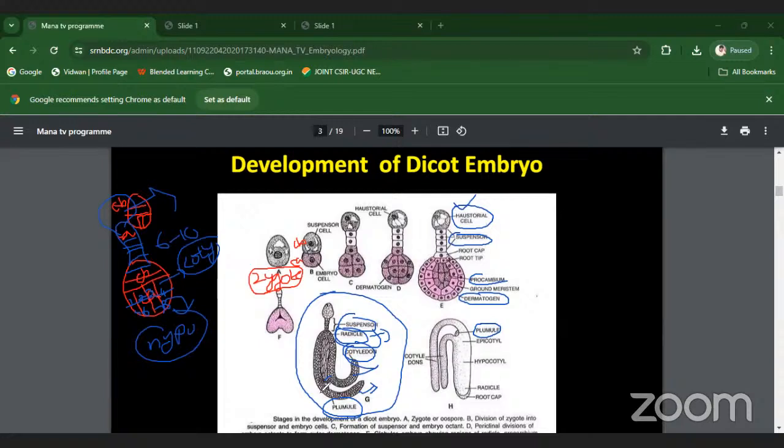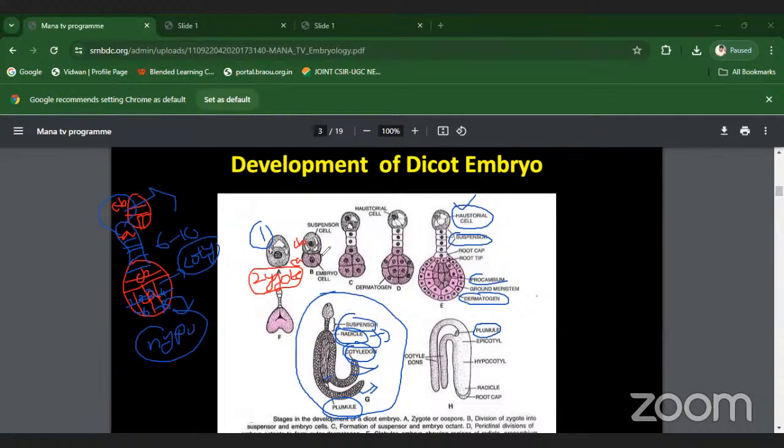Sir, once explain, sir. Simple. First of all, the zygote is a single cell. It is divided into two cells, CB and CA. CB is the basal cell, CA is the apical cell.